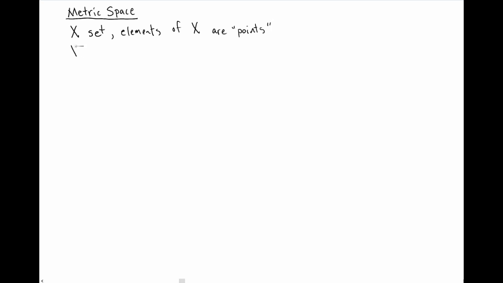So just a quick example. If X is the set 1, 2, 3, 1 is a point on X or of X, doesn't matter.